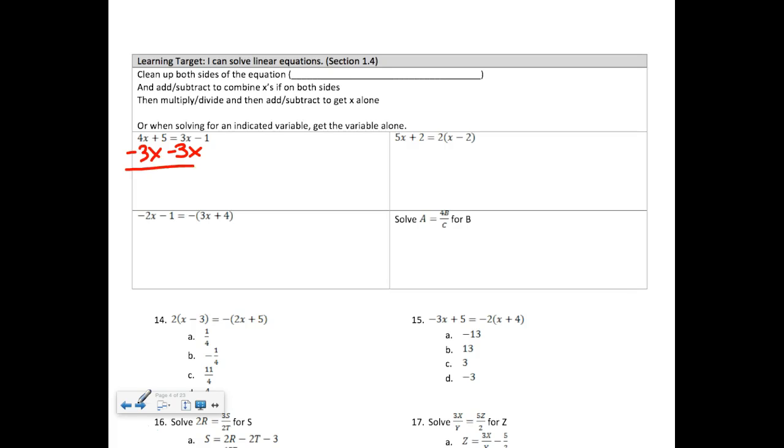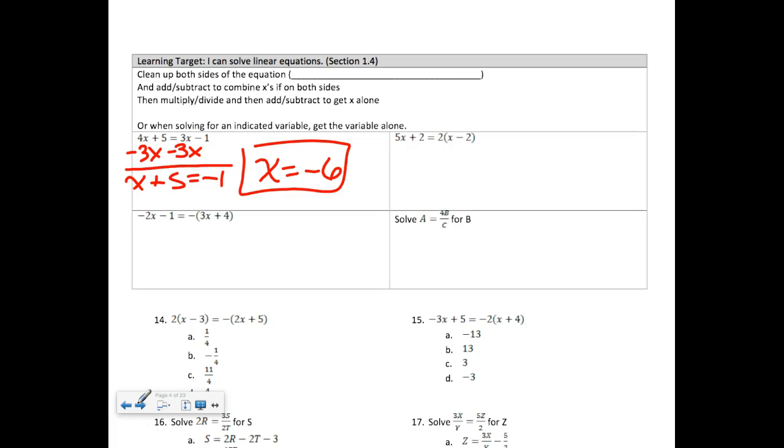So now I have x plus 5 equals -1. And then our last step, we would subtract 5. Guys, have we been doing solving stuff like this all year? Yeah, so I'm going to subtract the 5, and x is going to equal -6. Do we remember doing that?